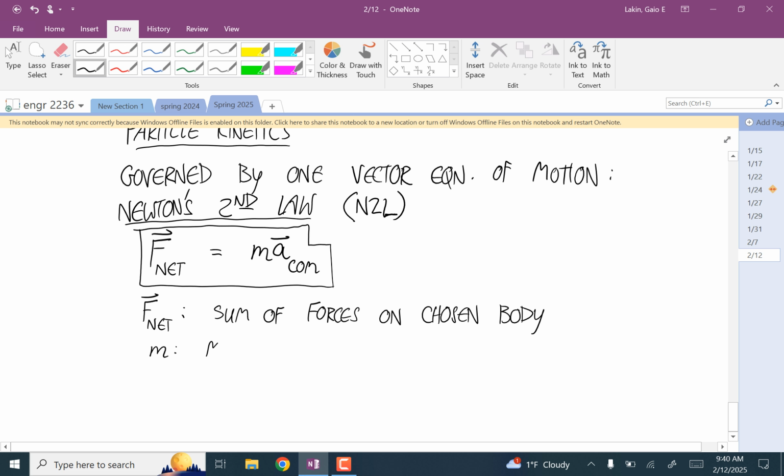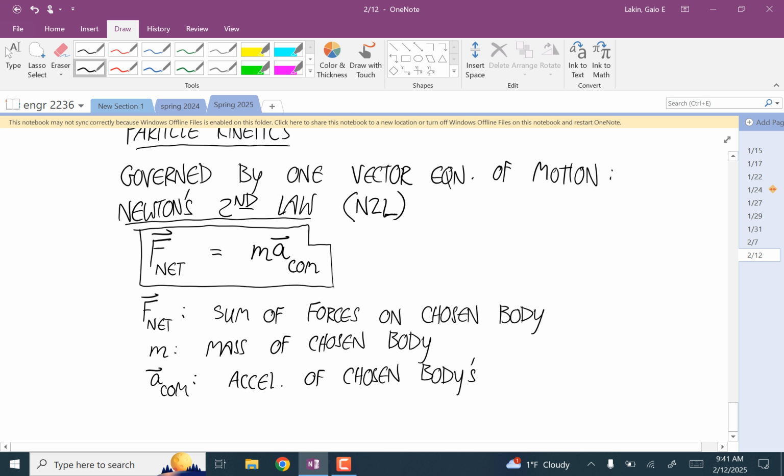M is the mass of the chosen body. ACOM is the acceleration of the chosen body's center of mass.